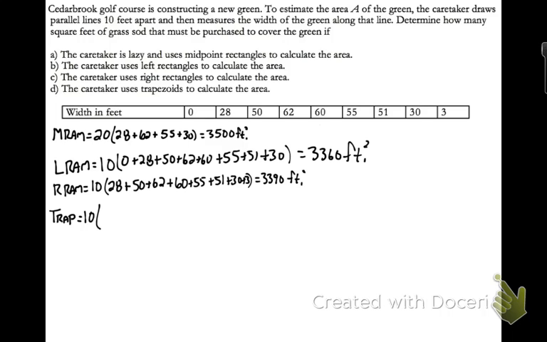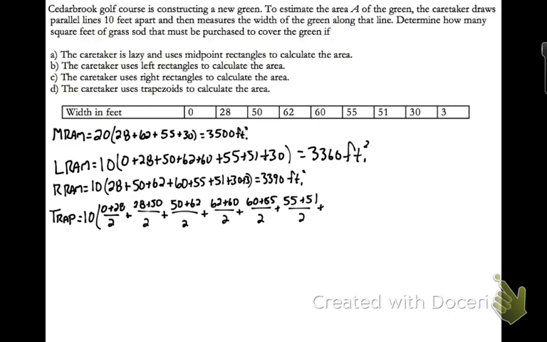So then the average of the bases will have 0 plus 28 over 2 plus 28 plus 50 over 2 plus 50 plus 62 over 2 plus 62 plus 60 over 2 plus 60 plus 55 over 2 plus 55 plus 51 over 2 plus 51 plus 30 over 2 plus 30 plus 3 over 2.